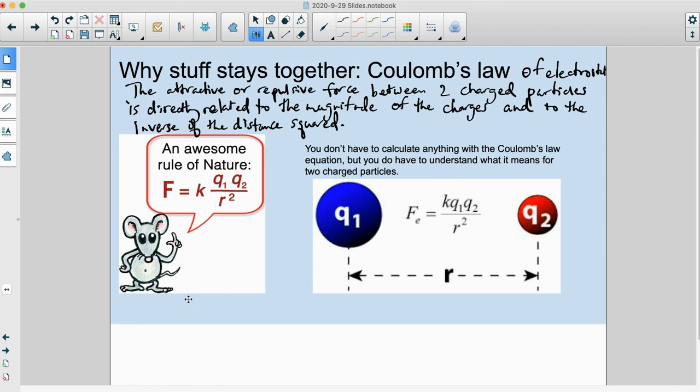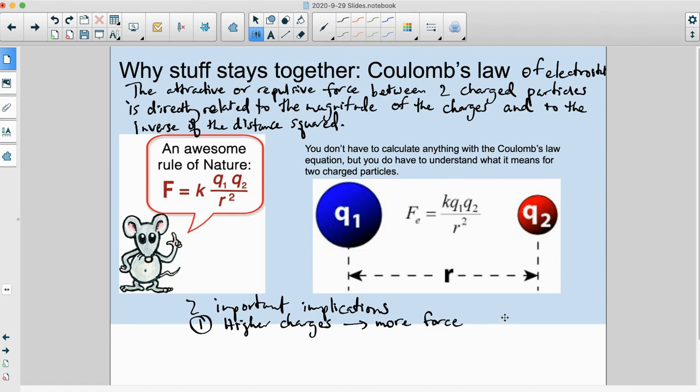I'll write them down here. 2 important implications of Coulomb's law. This is kind of the gist of the whole law. So first, higher charges, more force.